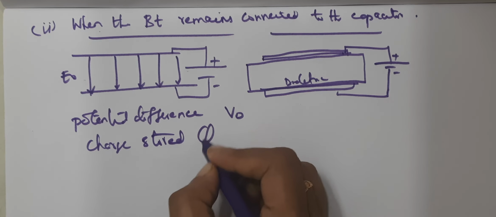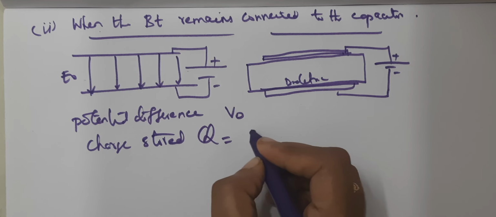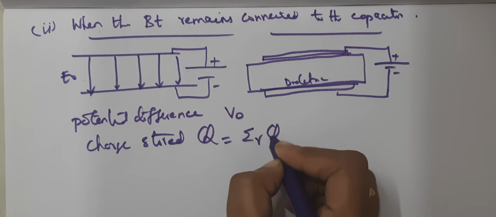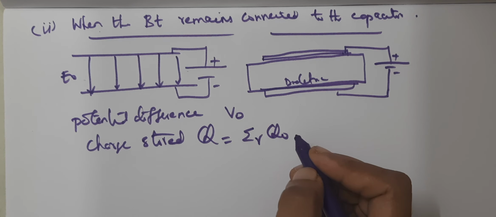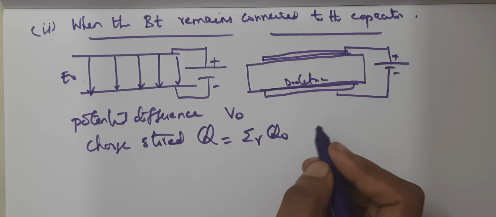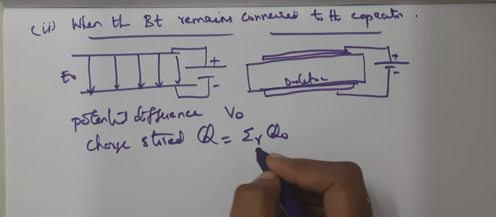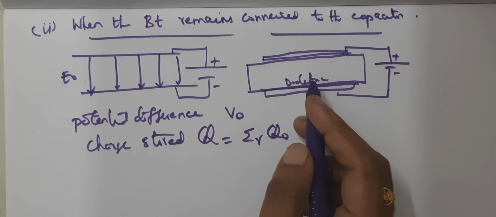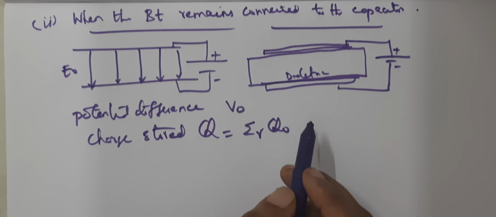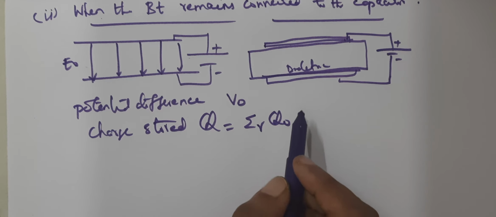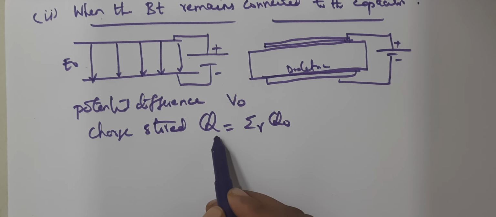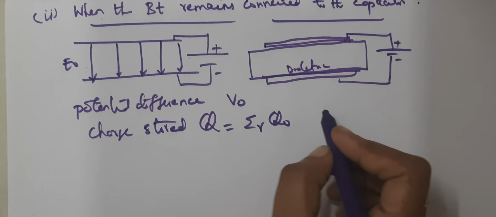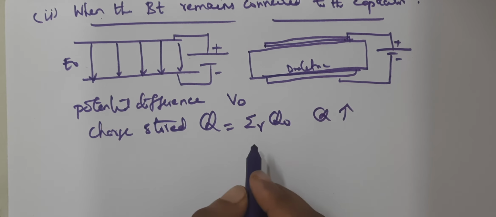So I can write Q equal to epsilon R Q0. Are you able to understand? When the dielectric is inserted, the charge stored in the capacitor is increased by a factor of epsilon R. What is epsilon R? The relative permittivity of this dielectric. Epsilon R is greater than 1, so the charge is increased.